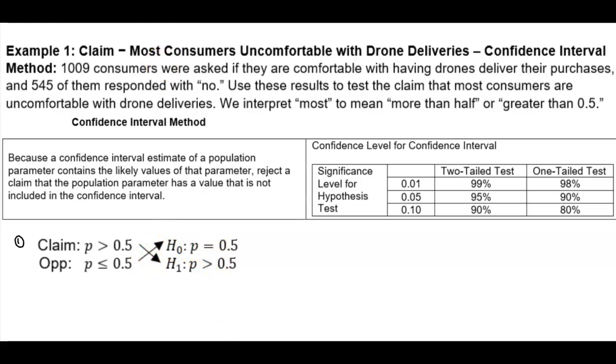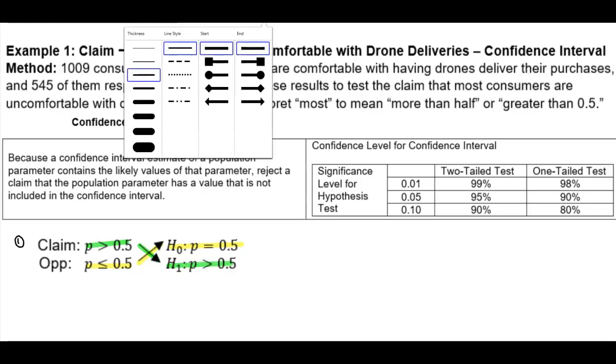So the opposite of the claim goes in the null hypothesis, therefore p equals 0.5, because the equal sign is in the opposite of the claim. And therefore, the claim p greater than 0.5 is going to be in the alternative.